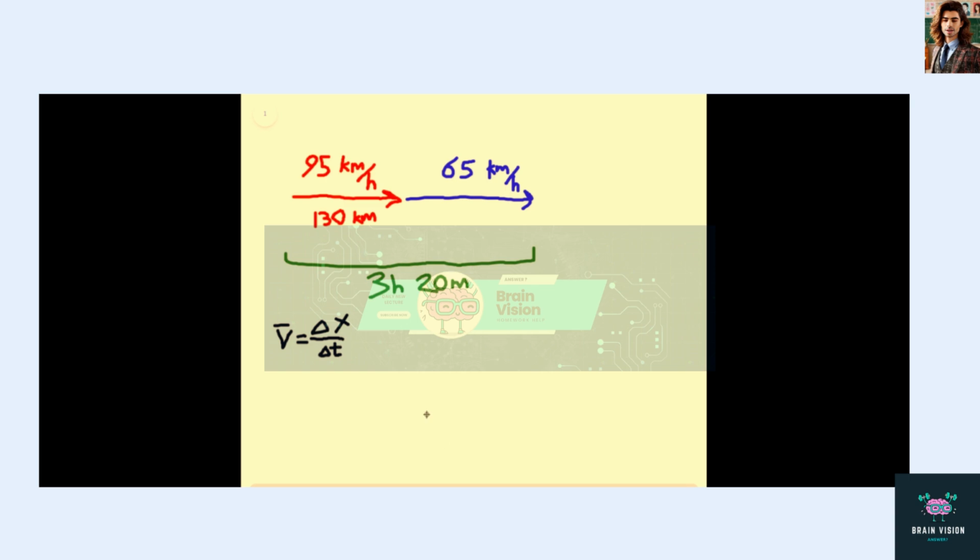So in this case, for the first leg, we know delta x, the distance, and we know the average velocity, and we're trying to solve for delta t. So we can rearrange this to say delta t equals delta x, that's our 130 kilometers, divided by average speed, that's the 95 kilometers per hour.